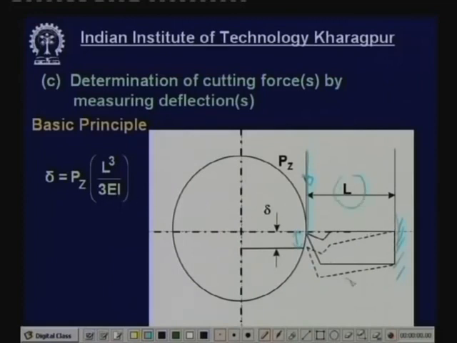E is the property of the material of the beam, that is Young's modulus of elasticity, and I is the section modulus, the plane moment of inertia of the beam. Therefore, we can measure Pz in terms of delta, provided we know the other parameters L, E, I. These have to be known. Then Pz can be determined from the deflection delta.